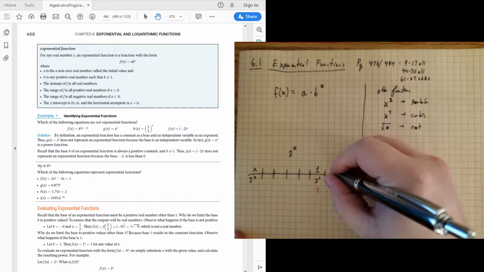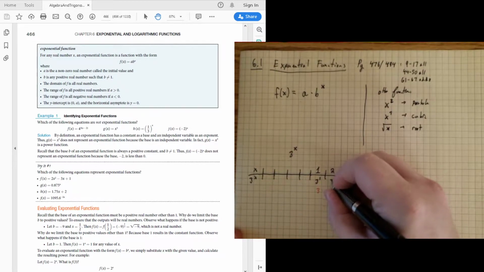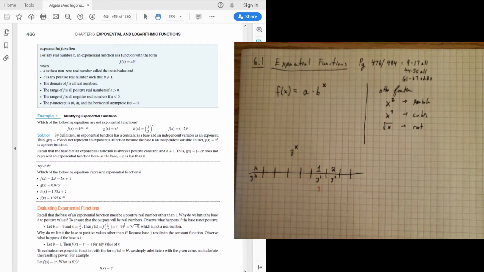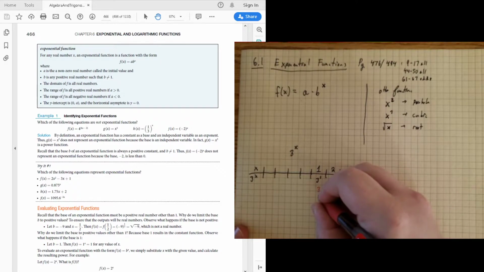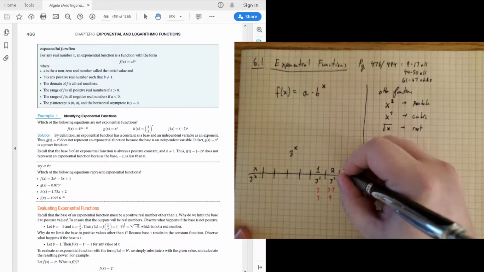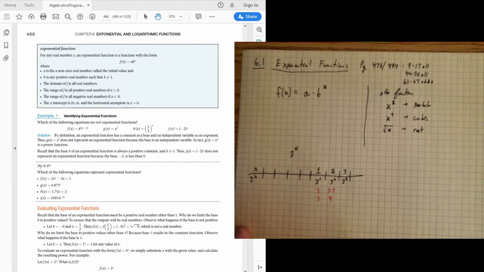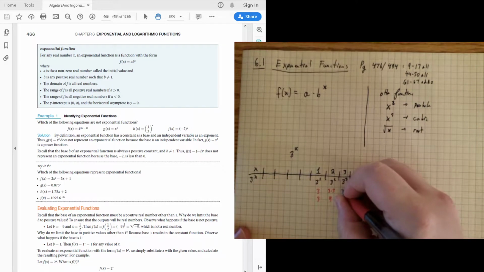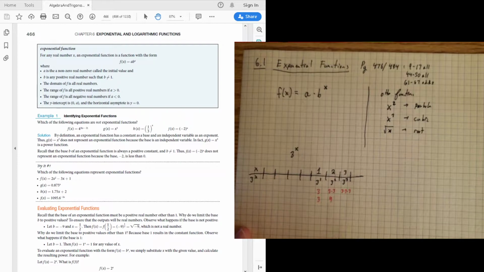If x is 2, notice that my function changes. I would have 3 to the second power, which means 3 squared, or 3 times 3, which is 9. If I plug in 3, this would mean 3 to the third power, which means the number 3 repeated 3 times, which is, of course, 27.